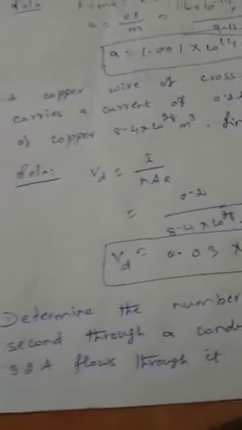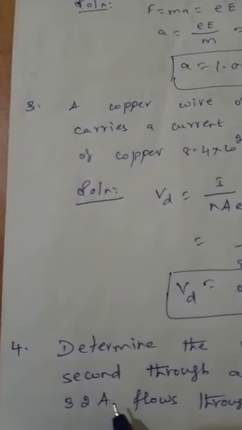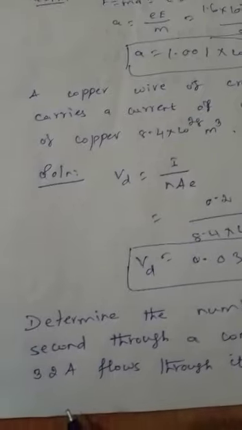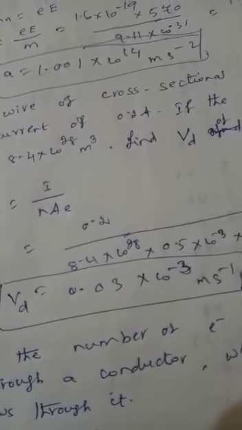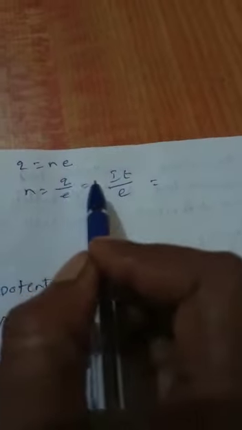Next, fourth, determine the number of electrons flowing per second through the conductor when a current of 32 ampere flows through it. They are asking for the number of electrons. We know the formula Q is equal to Ne. From this, N is equal to Q by e. We know Q is equal to IT.